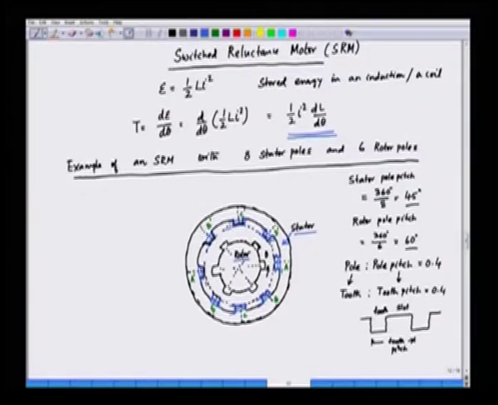We have the rotor here, and the stator is having saliency. These are the stator poles or tooth, and we have the slots in the stator. In the rotor also we have the rotor tooth, and we have the rotor slots also.